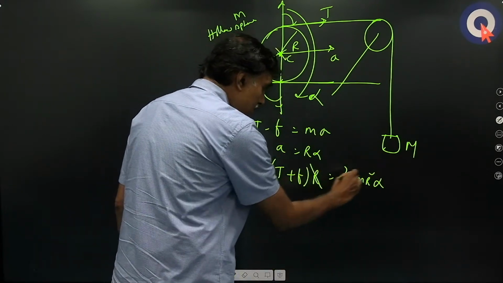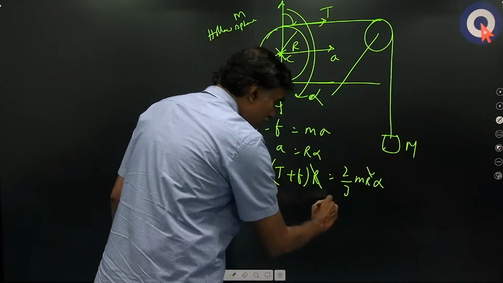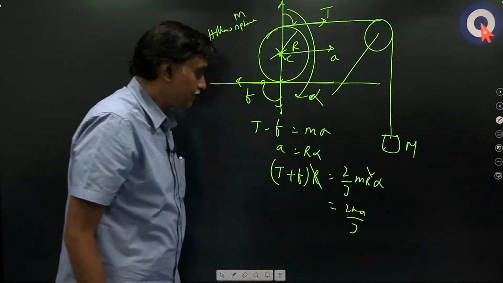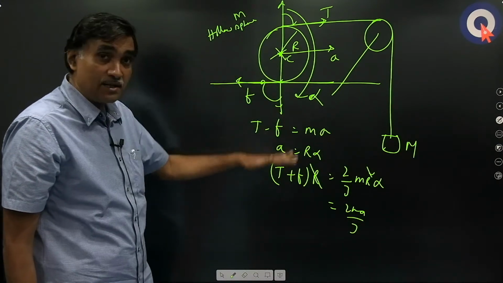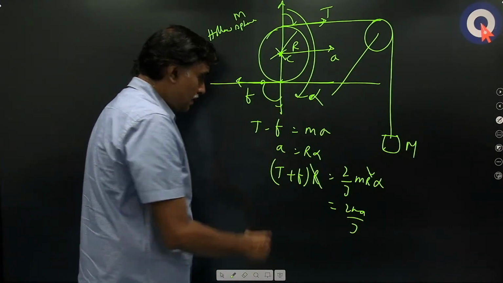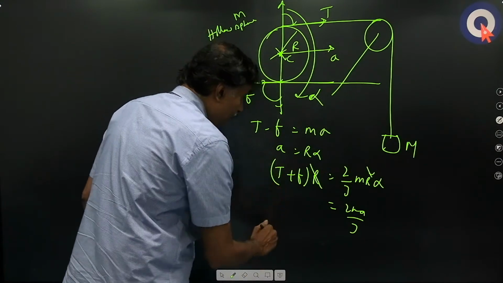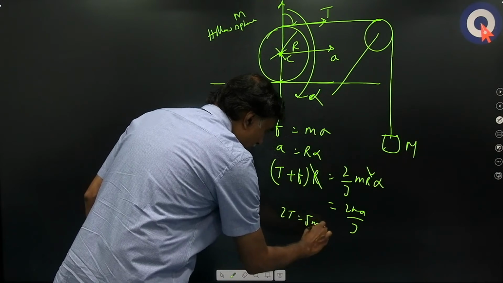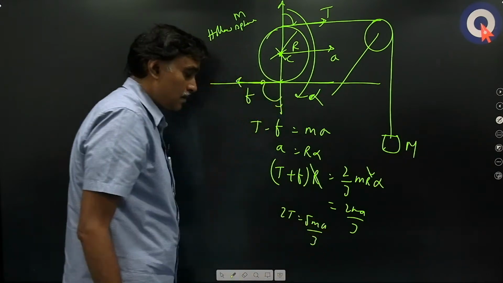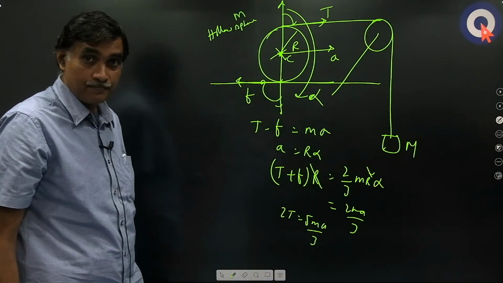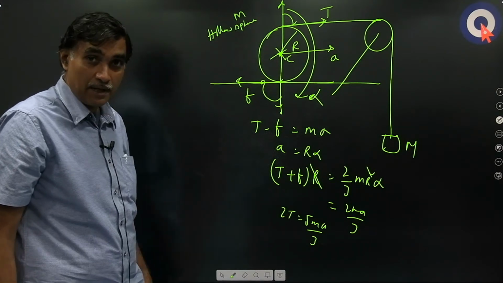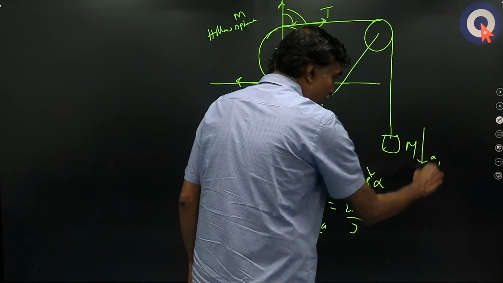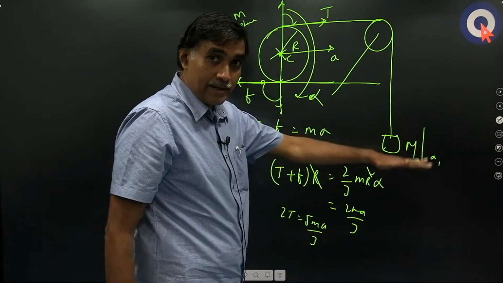So when R cancels, R alpha is A, you'll get 2mA by 3. And if I add these two equations, you'll get 2T equal to 5mA by 3. Then the A value you can find. And here, what is the block's acceleration? Let us say A1. It is only translating.